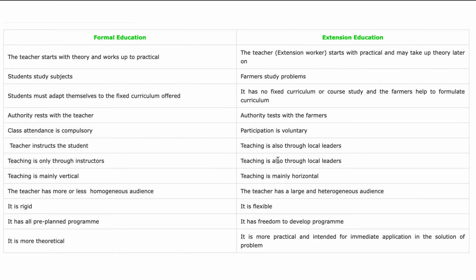And there is a difference between formal and extension education. The main difference is that formal education is for students only, and extension education is for all, like farmers. Others you can read by pausing the video and noting them down if you want.